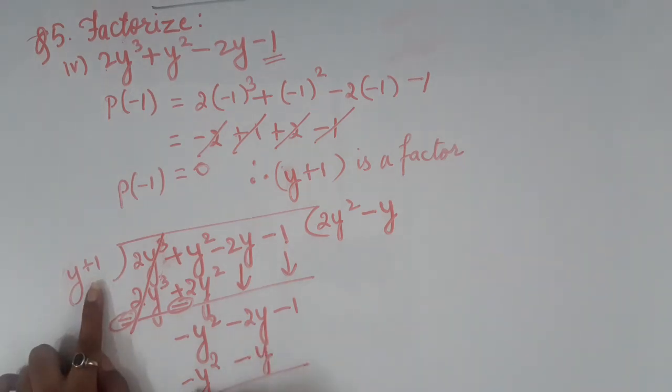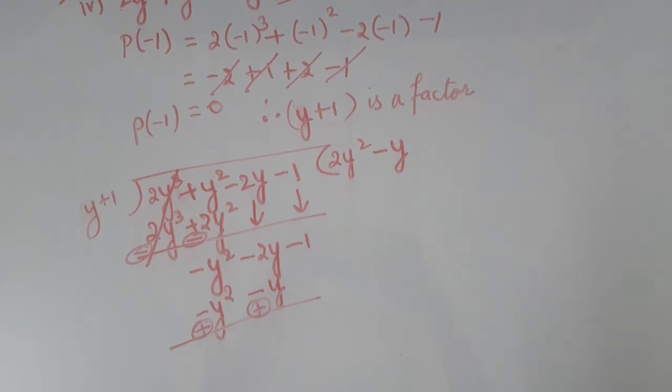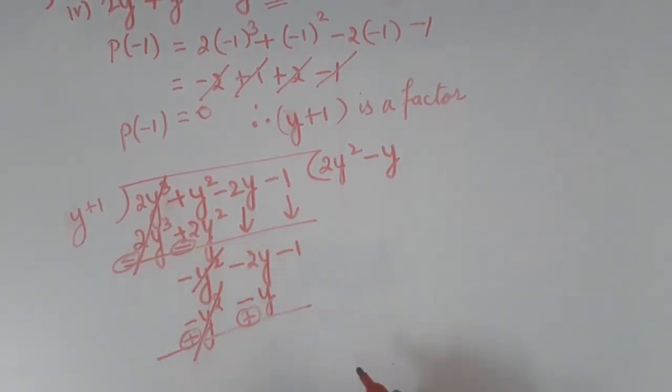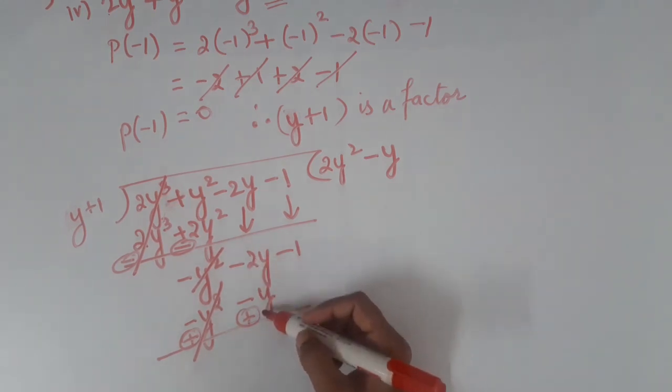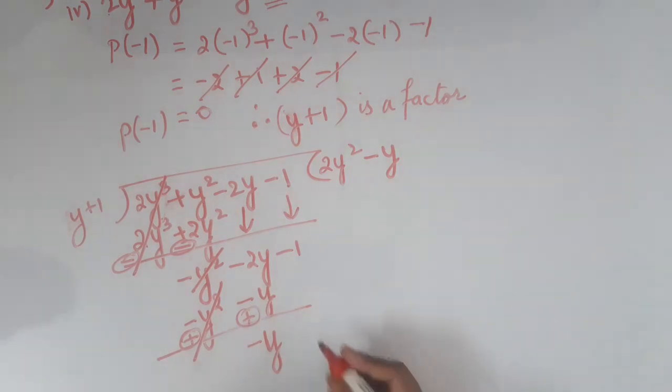Now change the signs and consider the lower signs. Minus y square plus y square cancel. Here different signs, so subtract. 2 minus 1 you will get 1, with the sign of the greater number, so minus y. Now take the other number down, that is minus 1.